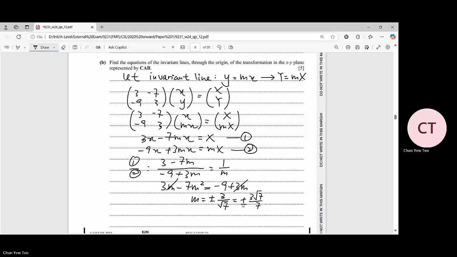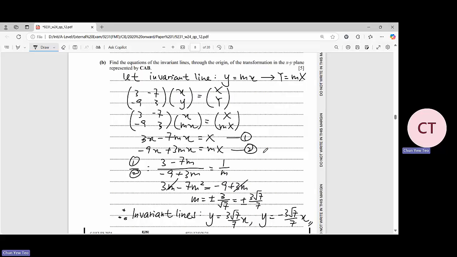So therefore, your invariant lines have two. One is y equals positive 3√7 over 7 x. Another one is y equals negative 3√7 over 7 x. Done. That will be the answer for part B.